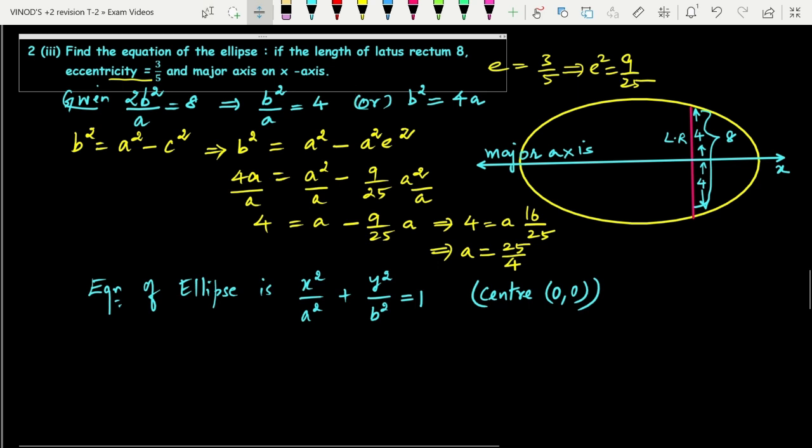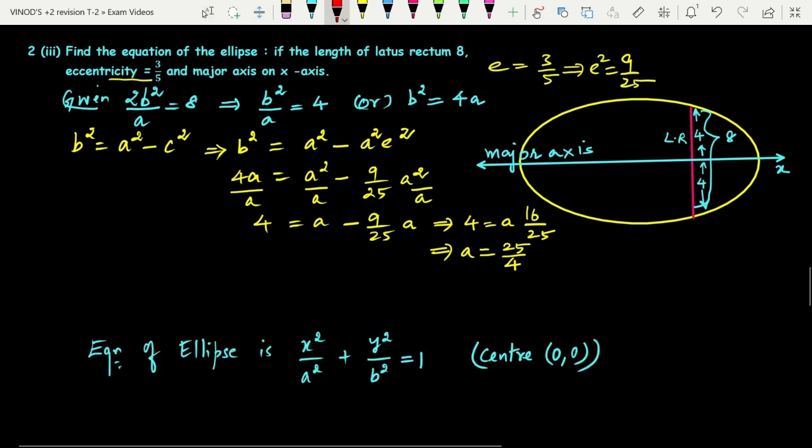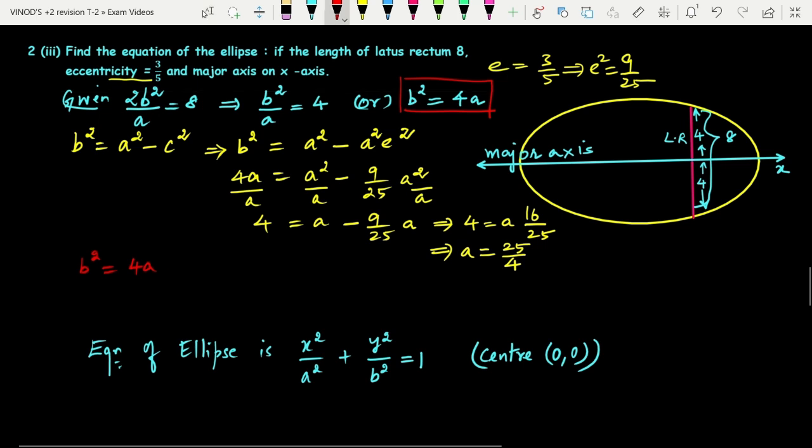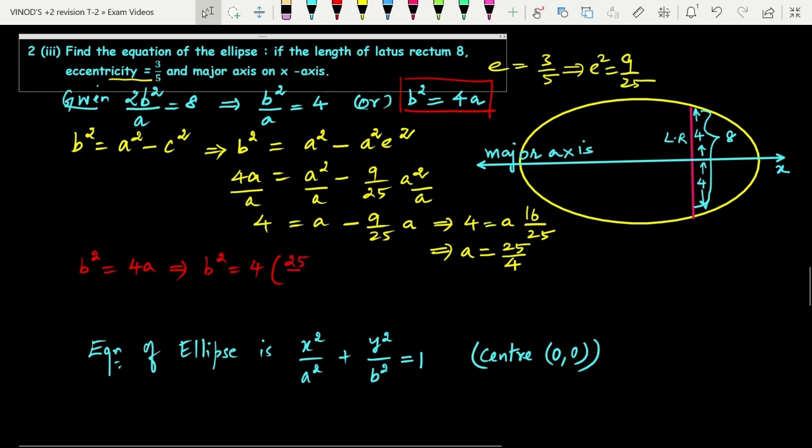Now we have to find b. What is b square? b square is equal to 4a, as you have already written. So b square is equal to 4 into 25 by 4, so b square is equal to 25.